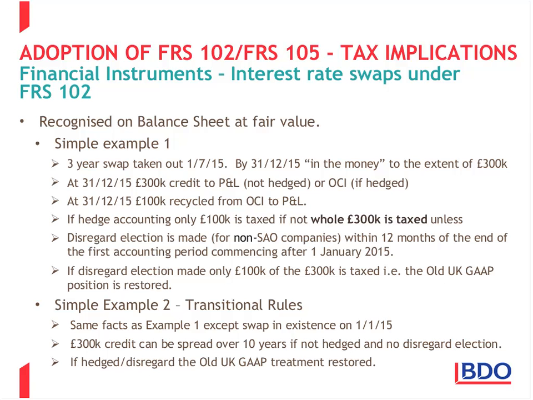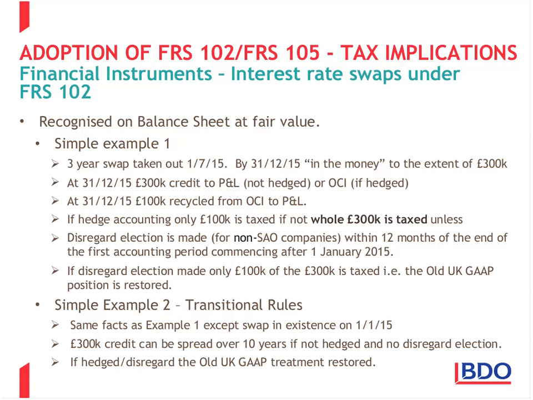So accounting is important here. Depends whether you take your figures through the profit and loss account or recycle them through the statement of comprehensive income. It is possible, in certain circumstances, to make what is known as a disregard election. There are time limits for this, as set out on the slide. And if you do that, then generally speaking, the old UK GAAP position is restored.